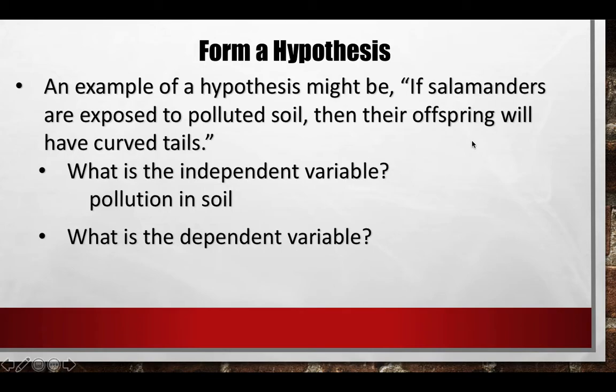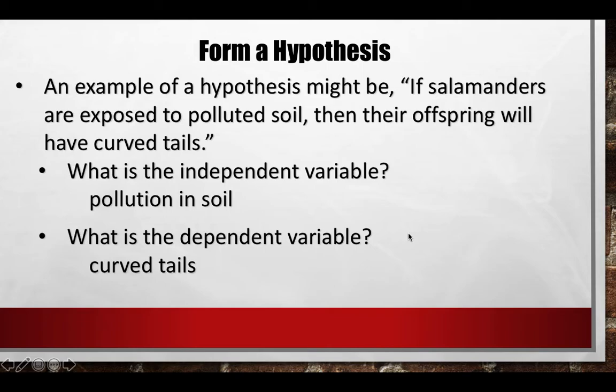All right, so you've had a moment here to think about this. You typed out an answer. So let's take a look. Well, the scientist thinks that if we add pollution to the soil, then the shape of the salamander's tails will change. They'll have curved tails. So curved tails is our dependent variable.